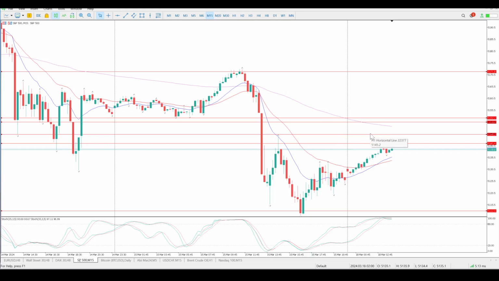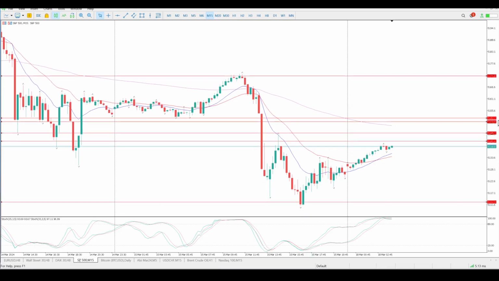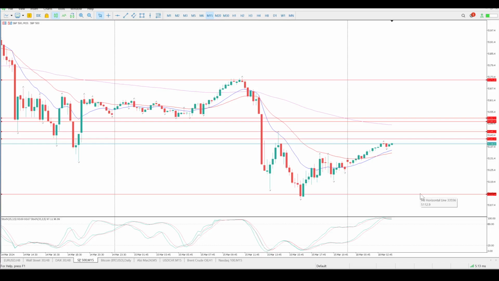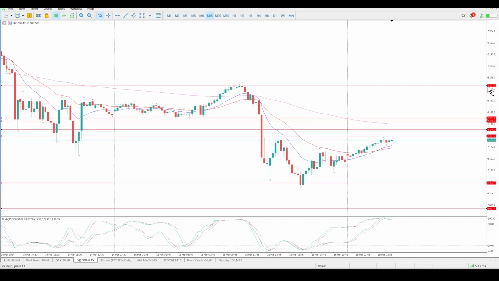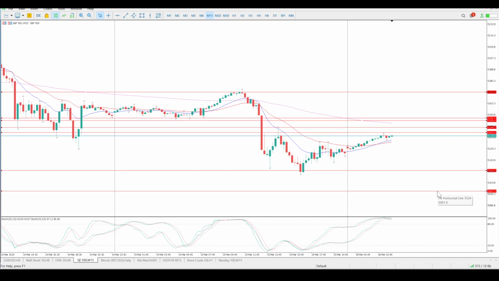Could be right here, 51.45, 51.50, but definitely we will be rejecting something in this zone, and we would be looking for 51.12, and then 5100, or 50.97 to be exact, as a target to the downside.